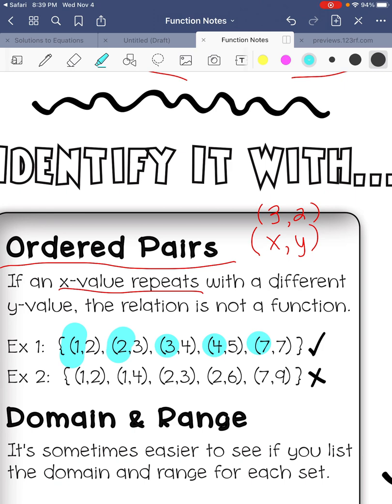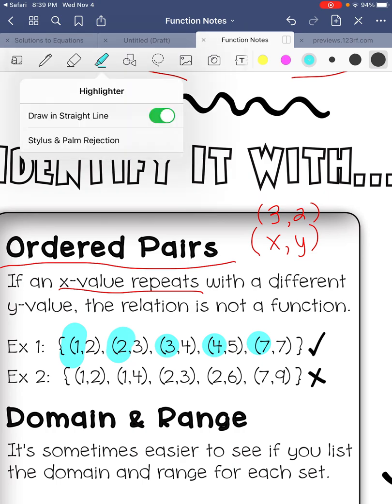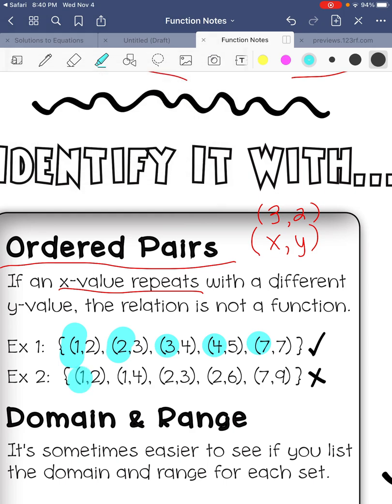Now let's look at the example below, example 2. I have (1, 2), (1, 4), (2, 3), (2, 6), and (7, 9). So this time, if I look at my x values, I have a 1, a 1, a 2, a 2, and a 7.